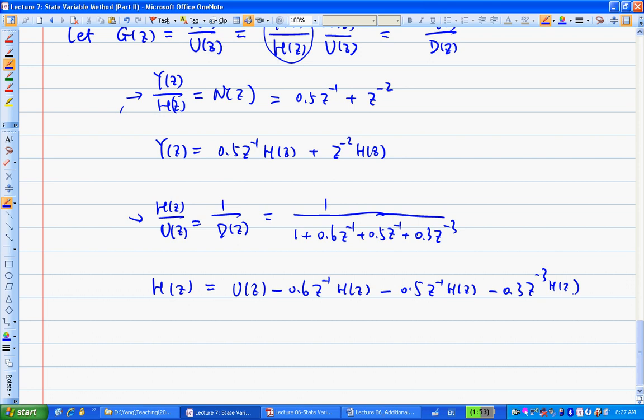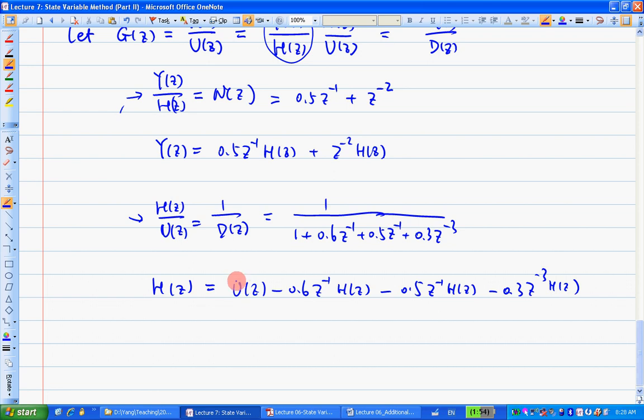Did I forget a 1? No, this 1 multiplied by H of z stays here, and the other terms with H of z are moved to the same side as U of z.